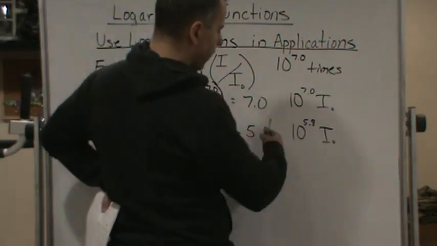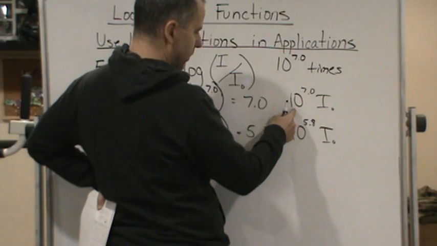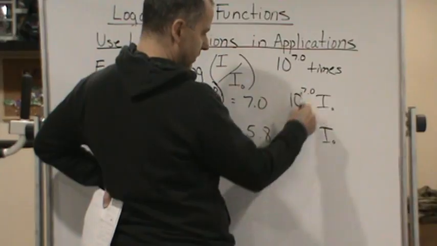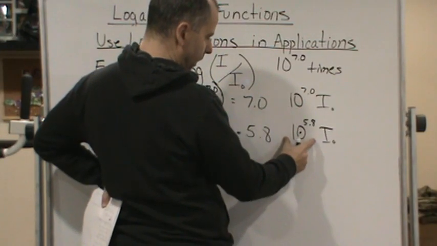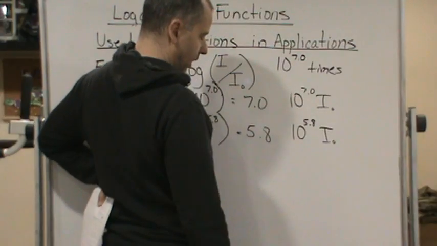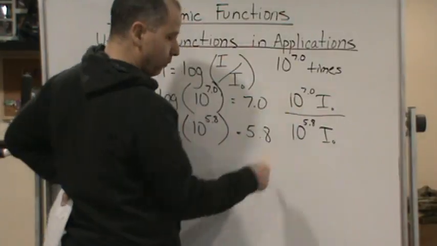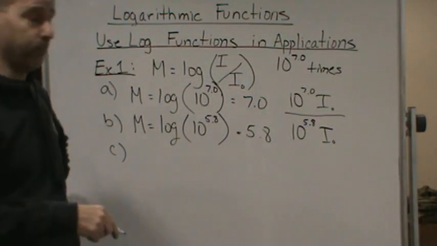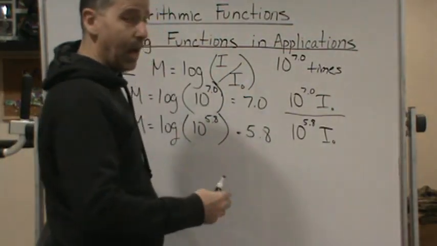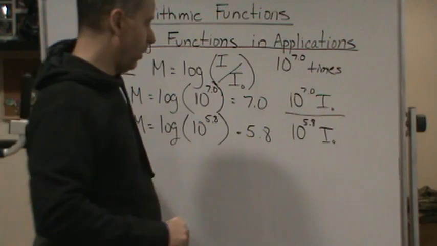Because if we're going to compare intensities, let's use the fact that this earthquake was 10 to the 7th power times as intense as the reference one, and the one in Washington, D.C. was this many times more intense than the reference point. We could just divide these two, because if we're going to compare them, we always divide. That's always a good way to compare two values. Anytime they say how many more times intense, we divide those two.